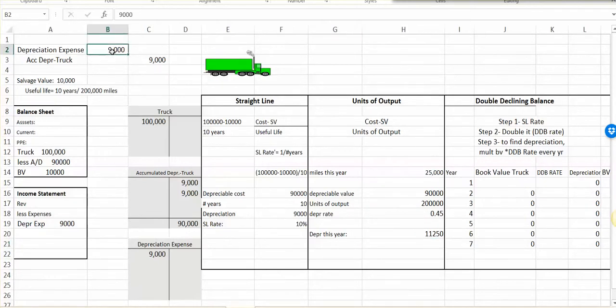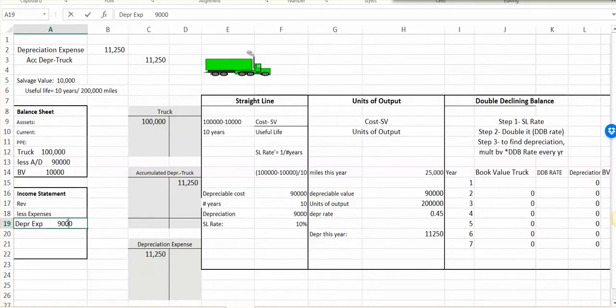So then your adjusting entry will look like this: 11,250, and the accumulated depreciation for year one would be 11,250, and depreciation expense would be 11,250.